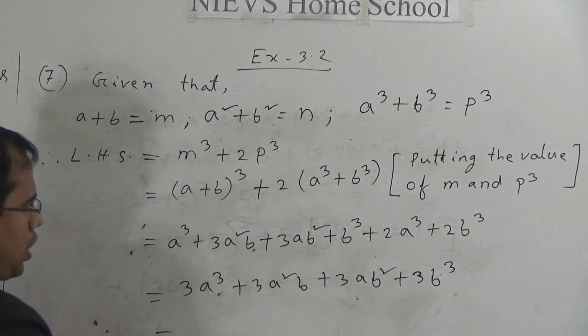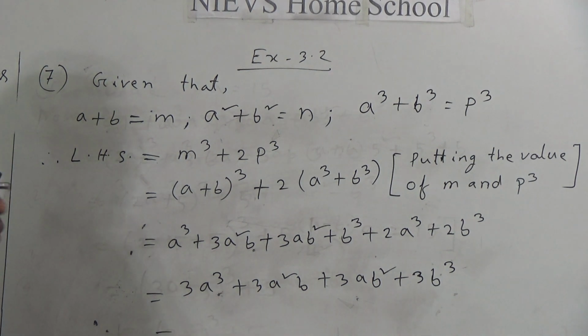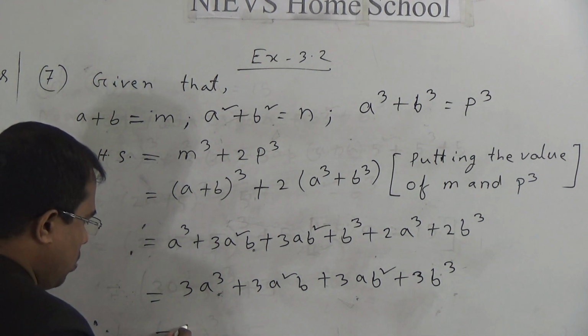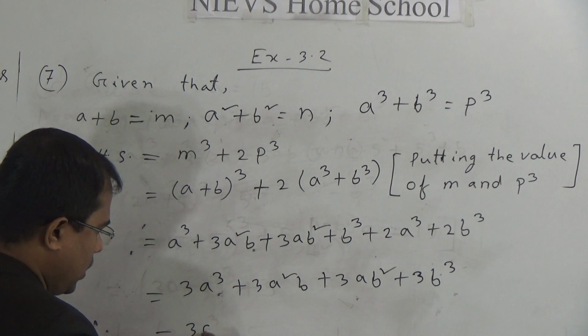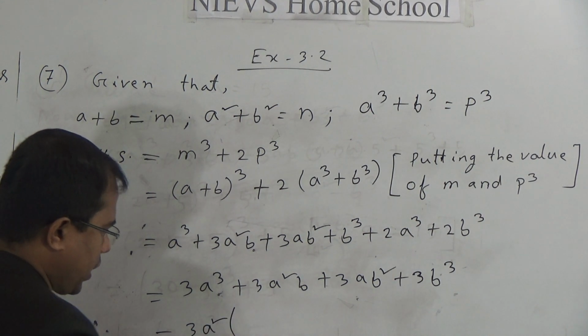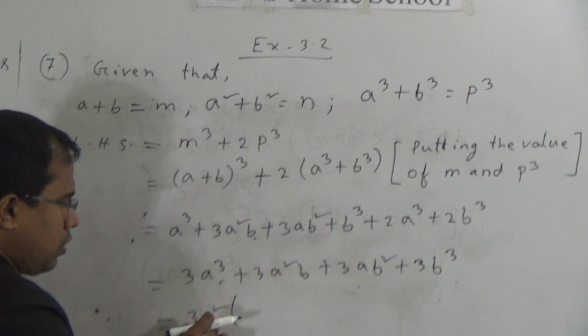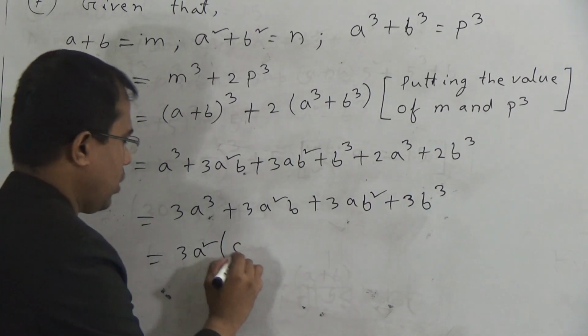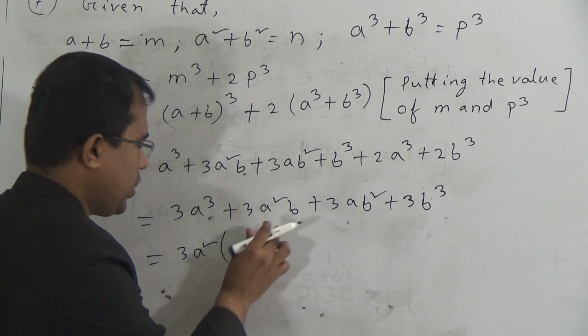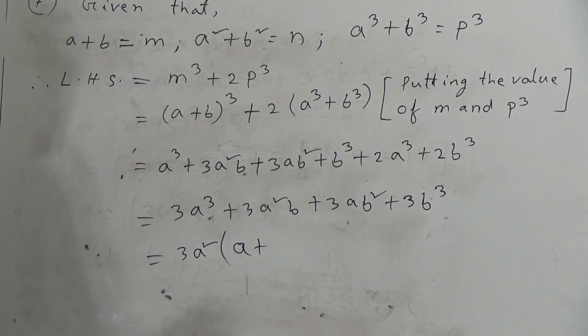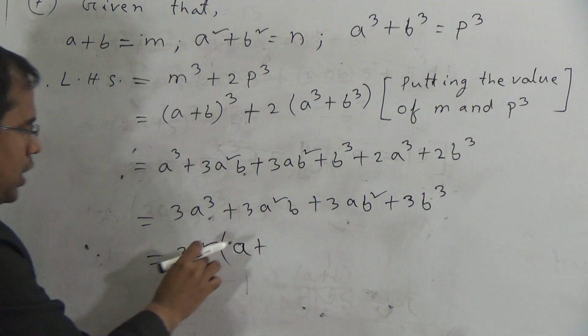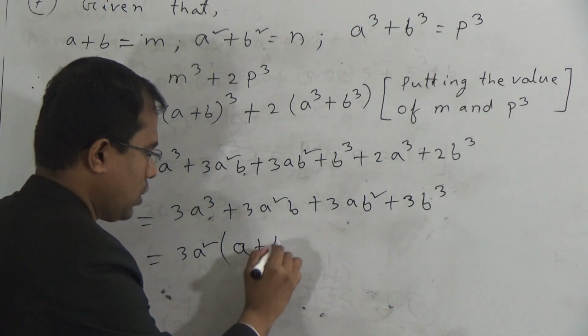Here in these two terms 3a square is common, so we can take common 3a square outside of the first bracket, and inside of the first bracket we have to write: if we divide 3a cube by 3a square, then it will be a, plus if we divide 3a square b by 3a square, then it will be b.